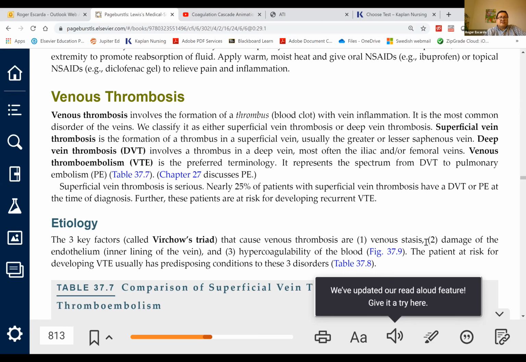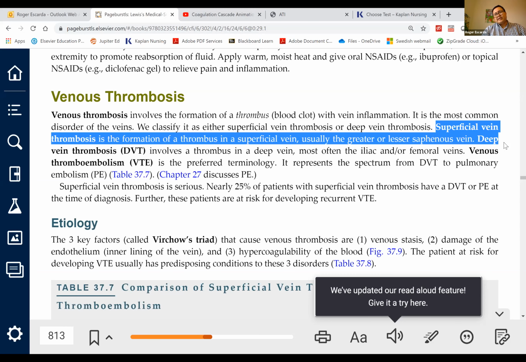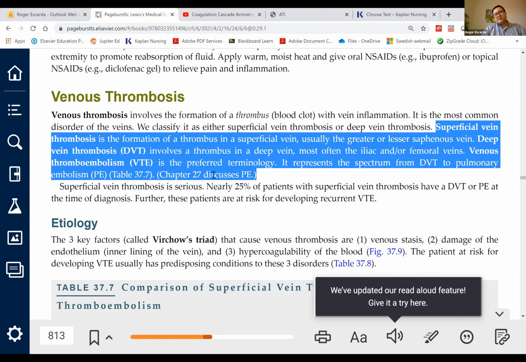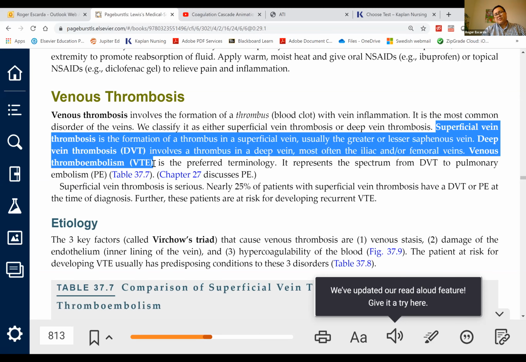So there are two types of DVT. It can be superficial or deep. The one we're really concerned about is the deep vein thrombosis, because these are the types that will travel to the pulmonary system.